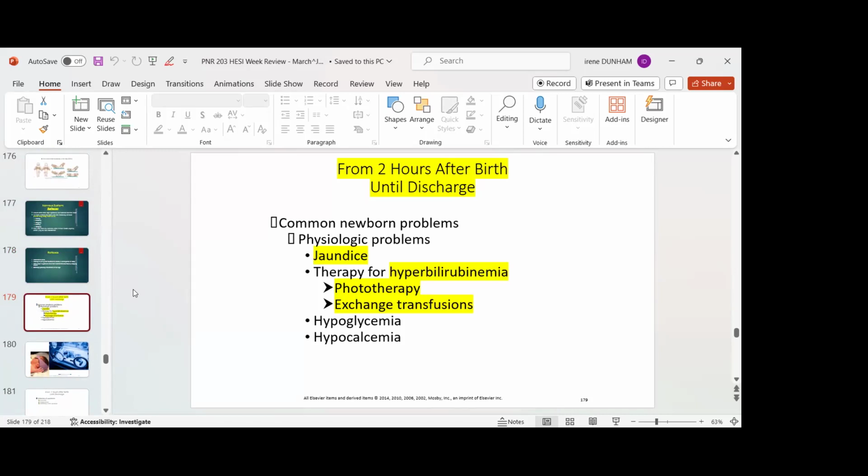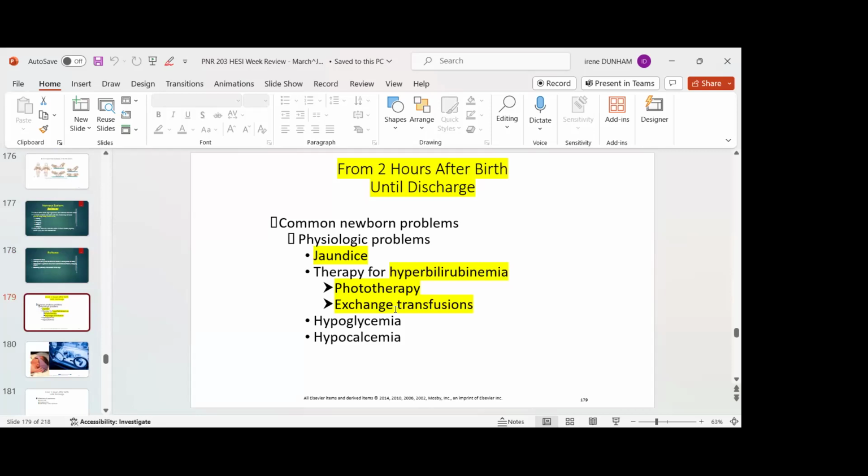Now, we talked about jaundice, we talked about hyperbilirubinemia, we talked about phototherapy, okay? Babies that have jaundice in the first 24 hours after birth, okay, that's called pathological jaundice. Physiological jaundice is jaundice that occurs like 2 to 3 days after birth.